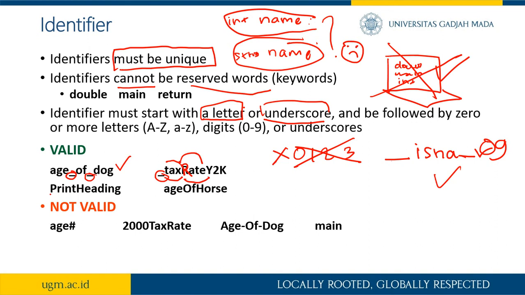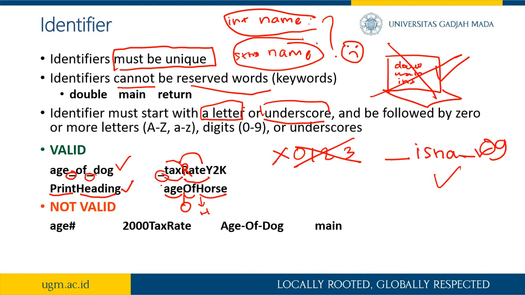For example, like this one, print and then heading. This is also possible. Print with uppercase and then heading in lowercase. Like this one, age of horse, where O and H are uppercase, so it is noticeable that there is a difference between the first word, the second word, and the third word.